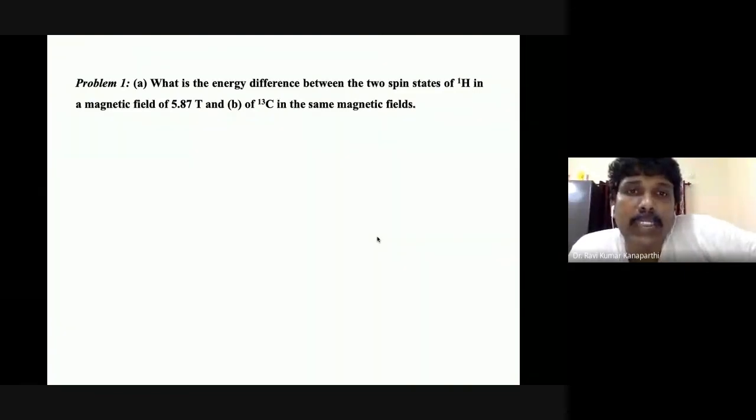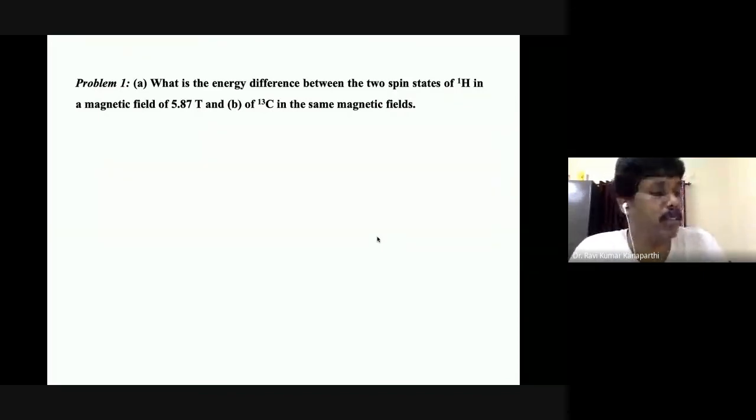That is one problem. Similarly, in the same field, in the next experiment, if you place 13 carbon, what will be the energy difference?